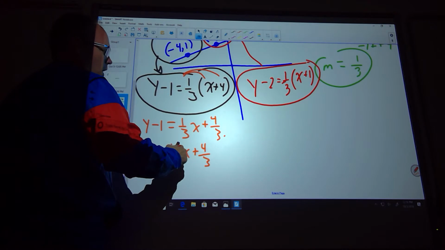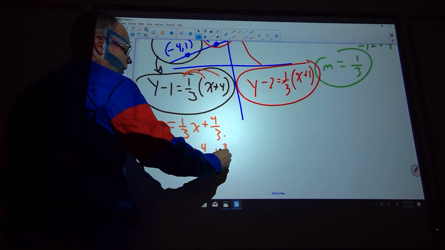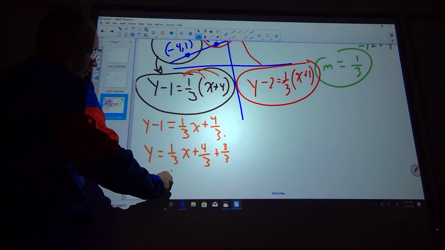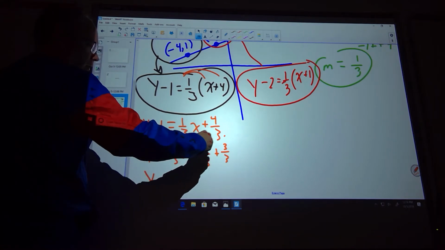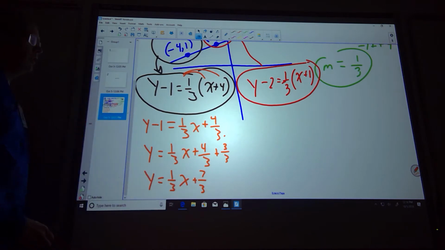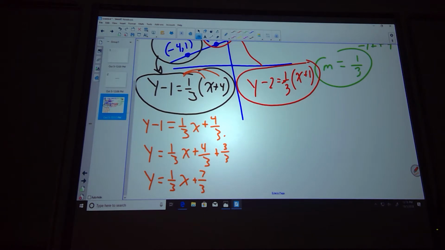And I'm going to make the 1, because I'm adding it, I'm going to make it 3/3, because 3 over 3 is the same thing as 1, yes? So that'd be 7/3 if I do my fractions right. So does everyone feel comfortable how I did the math here? Now, you don't have to love that I have fractions up there, but it is what it is. Do you feel comfortable that I was able to establish that?